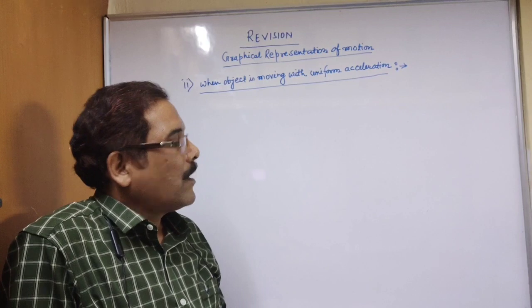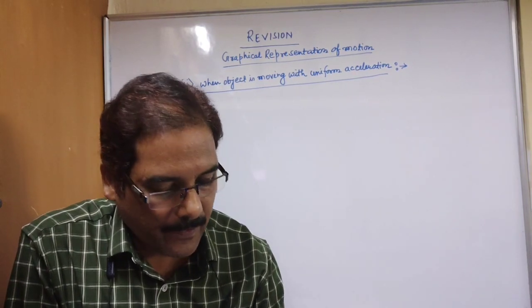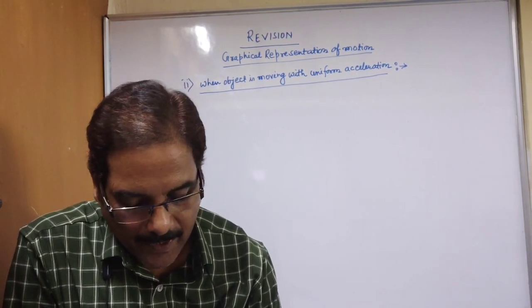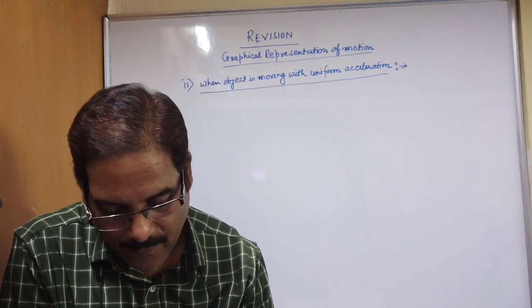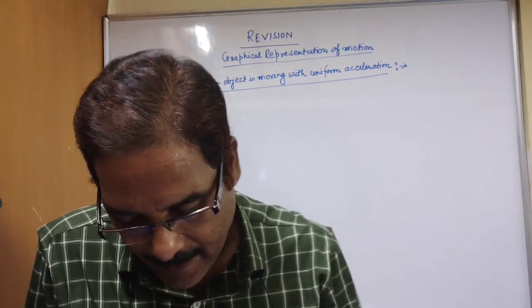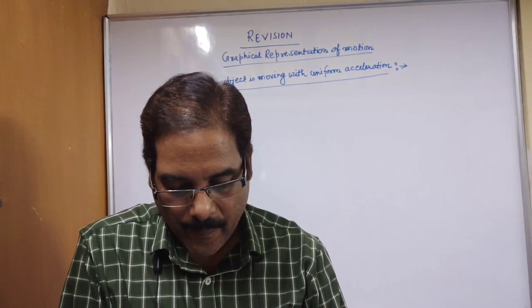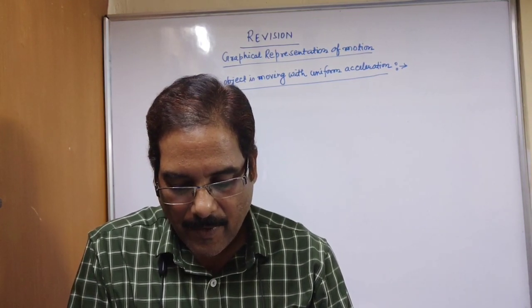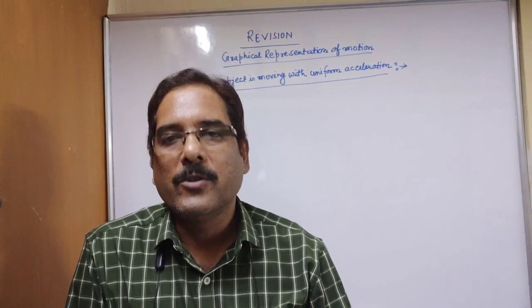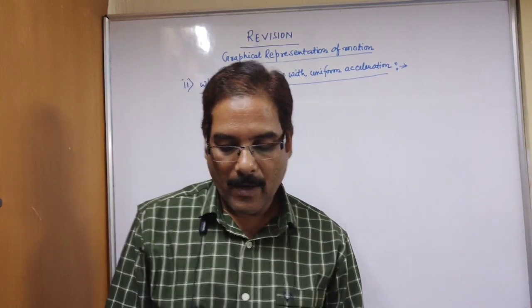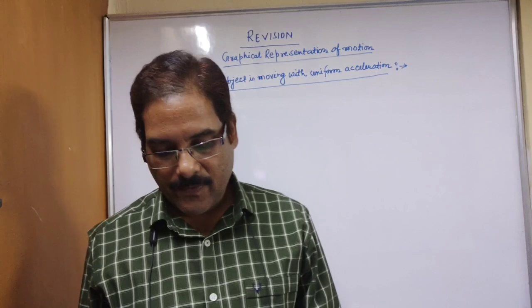So let us take an example. A table is given in your book. I am reading the last paragraph, page 105. We can also study uniformly accelerated motion by plotting its velocity time graph.